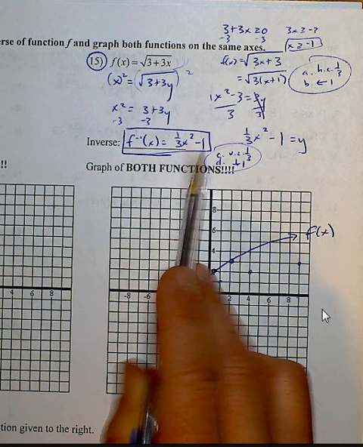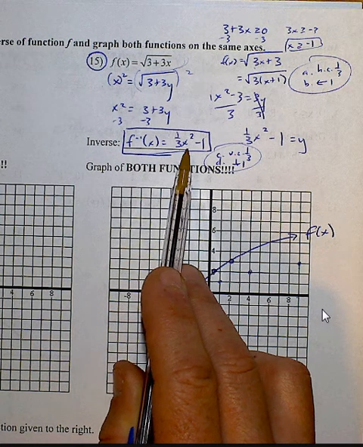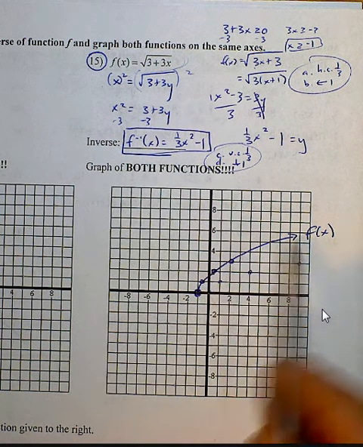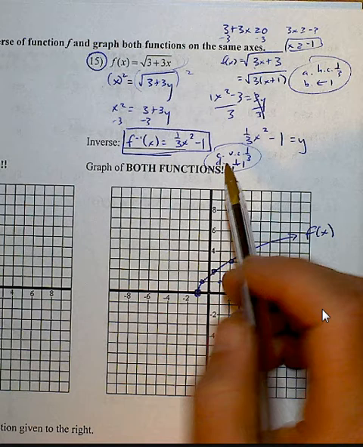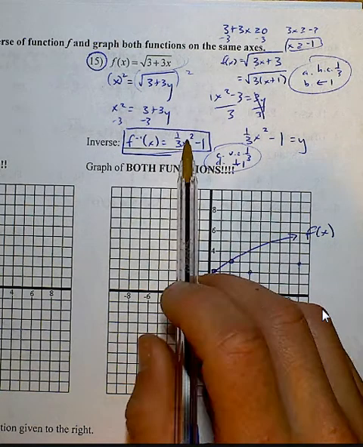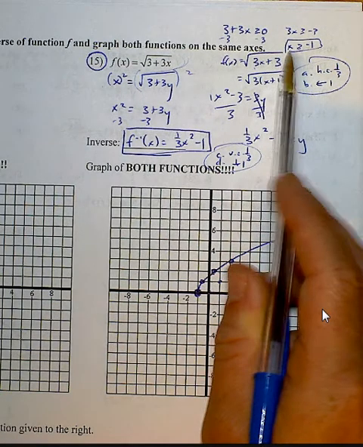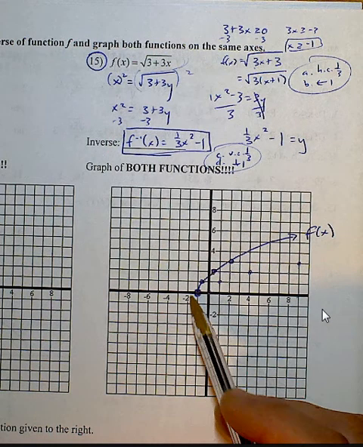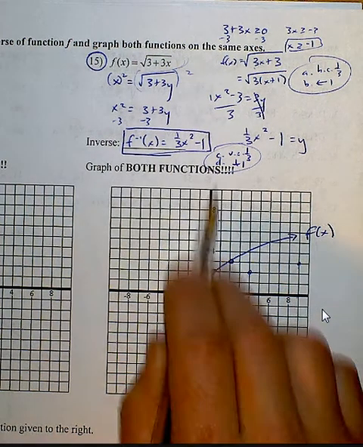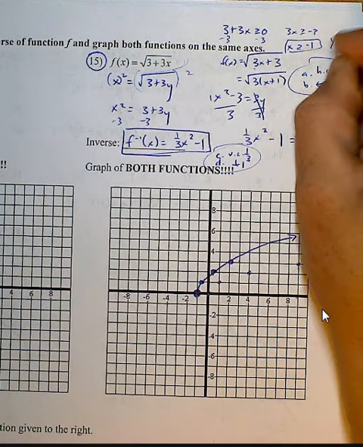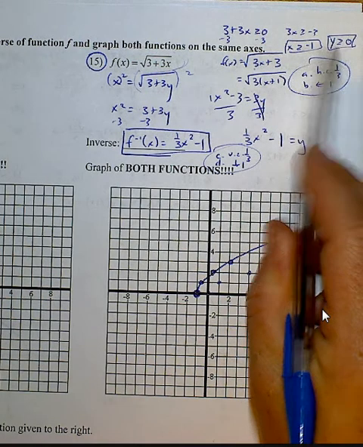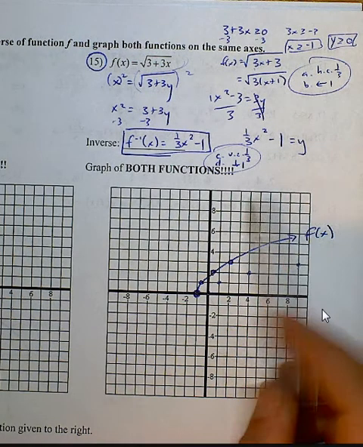This would be a parabola, but I don't want to graph the whole parabola. I just want to graph the part that matches this piece right here, which is just going to be the positive part. So this is the domain of my function, but the range of this function would be 0 up to infinity. So the range is y is greater than or equal to 0. Remember, the domain and range of the function and the inverse flip.